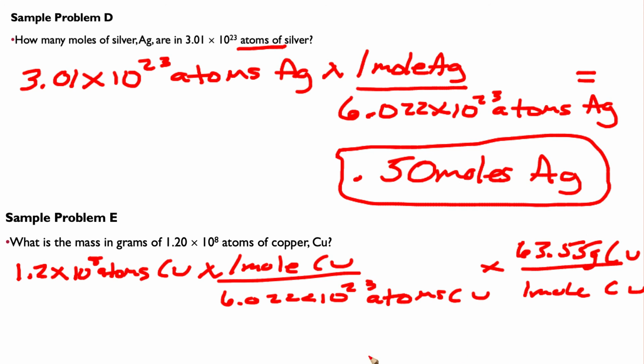We should get around 1.27 times 10 to the negative 14th grams of Cu.